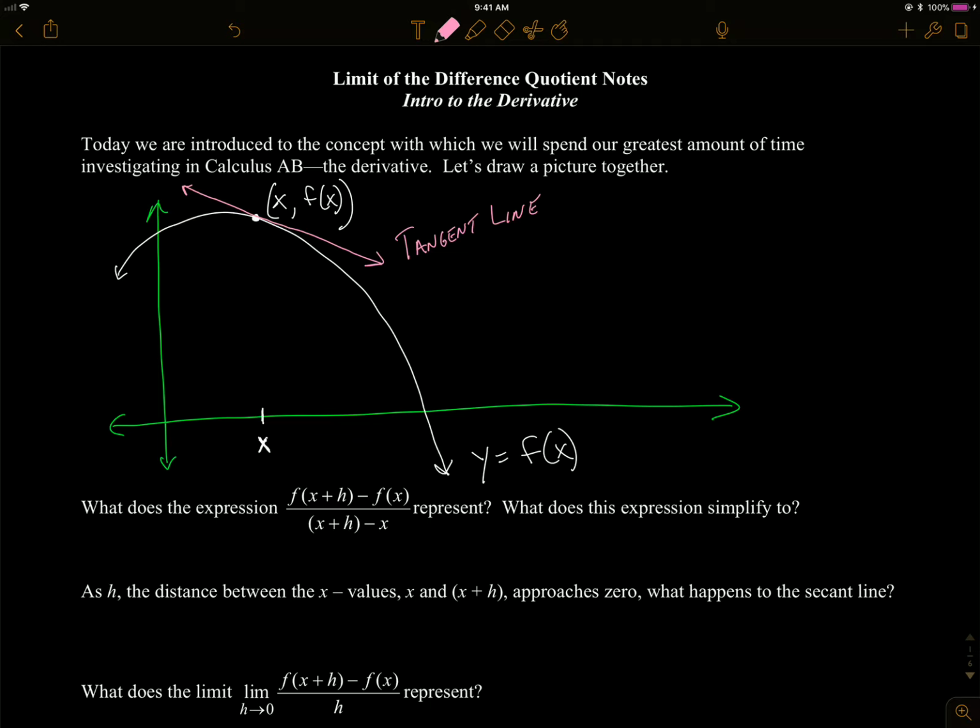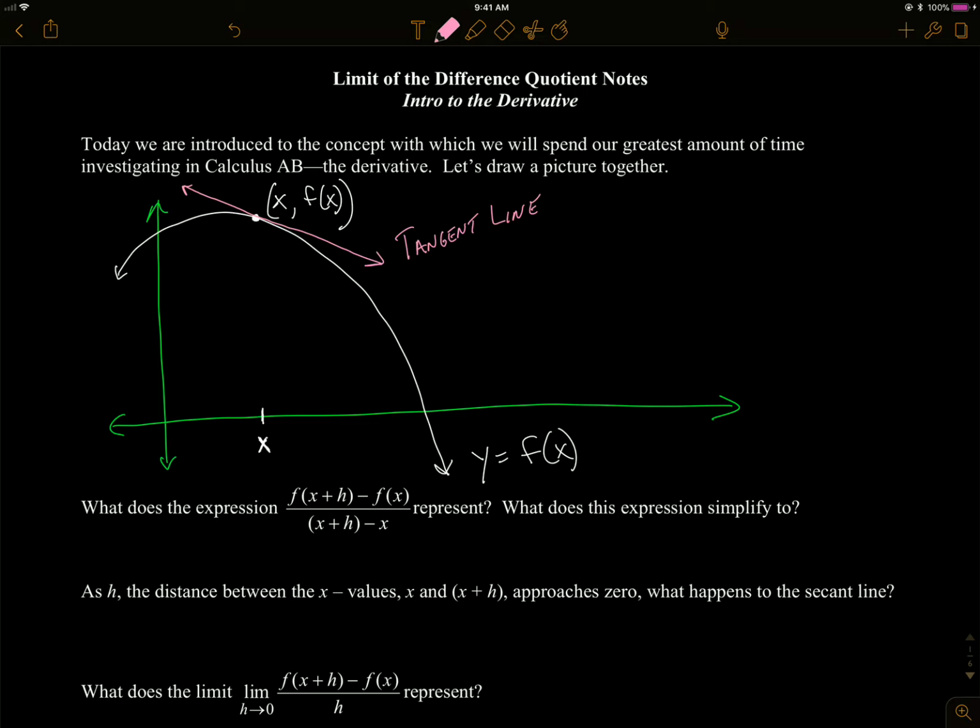It touches a circle only one time. So it's going to hit the curve only one time in that area. That's called the tangent line. If we find out how much the graph is changing at that value x, what we want to know here is what's the slope of that tangent line.